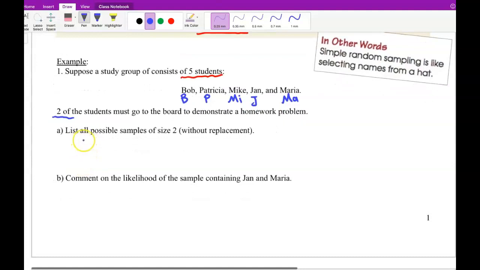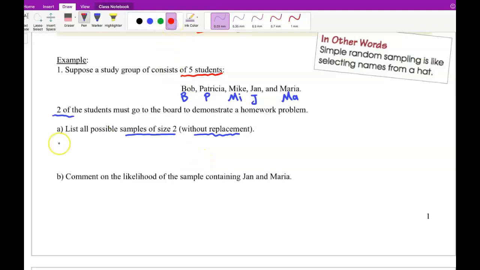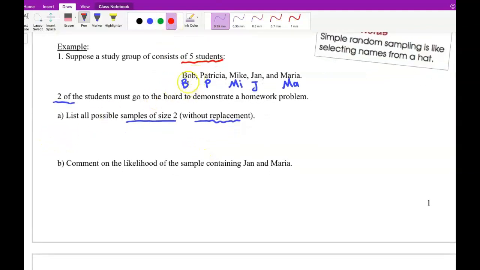Part A: list all possible samples of size 2. So the sample is of size 2, listing those possible samples without replacement. Now I want to start from the left side. I'm choosing 2 individuals from this population.